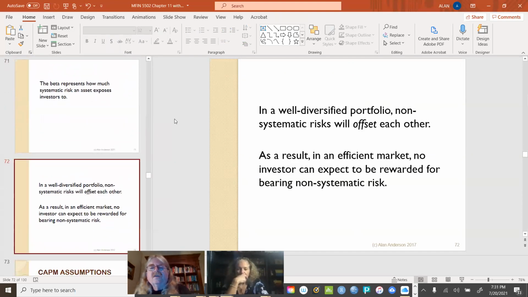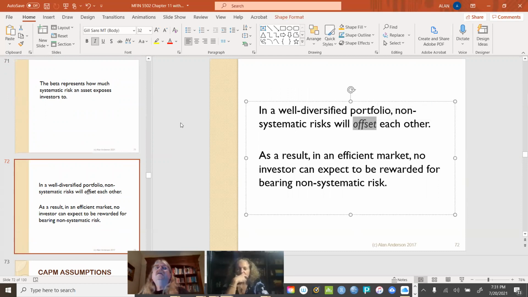In a well-diversified portfolio, non-systematic risks will offset each other. So what we're saying in this discussion is that if you're worried about non-systematic risk, the way you can get rid of it is to not put all your money in a single stock, but have a very well diversified collection of stocks, so that if one sector isn't doing particularly well, you'll have other stocks in there that can make up for it.